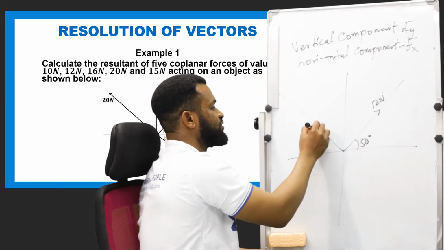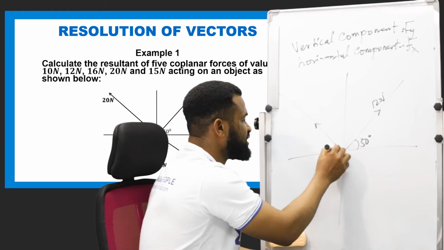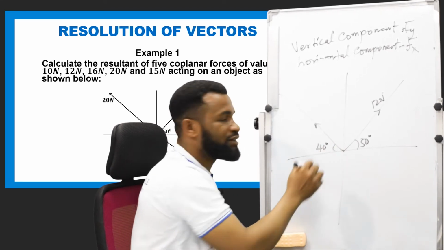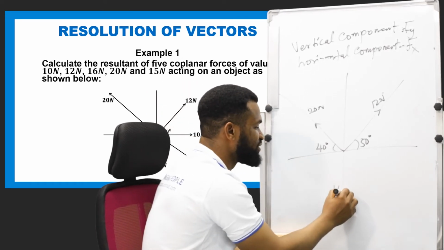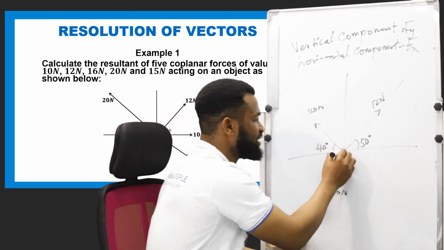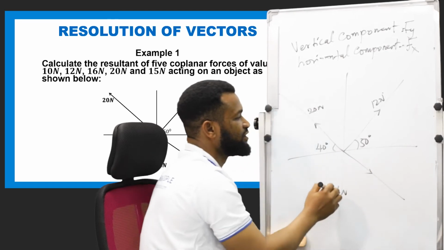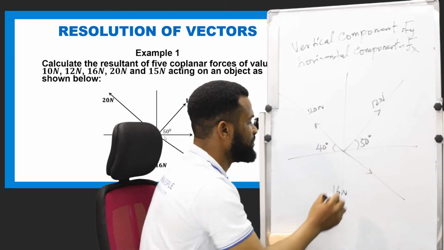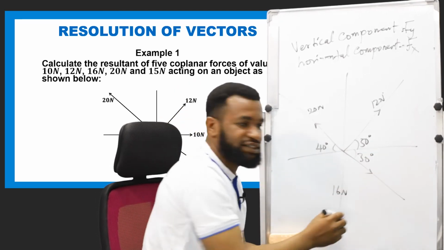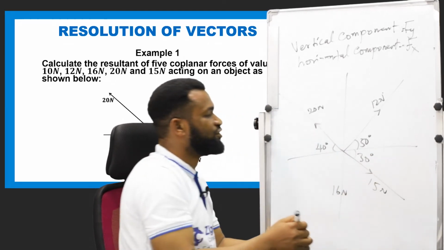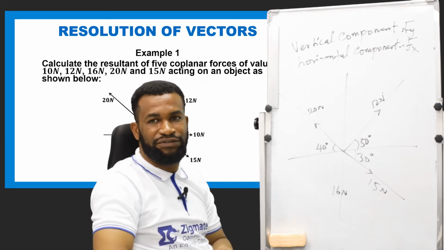Then this is another one, 40 degrees at an angle, 20 Newton. And this one is 16 Newton. And there is another force here. Let me say this is 30 degrees at a force of 15 Newton. How are you going to resolve this?